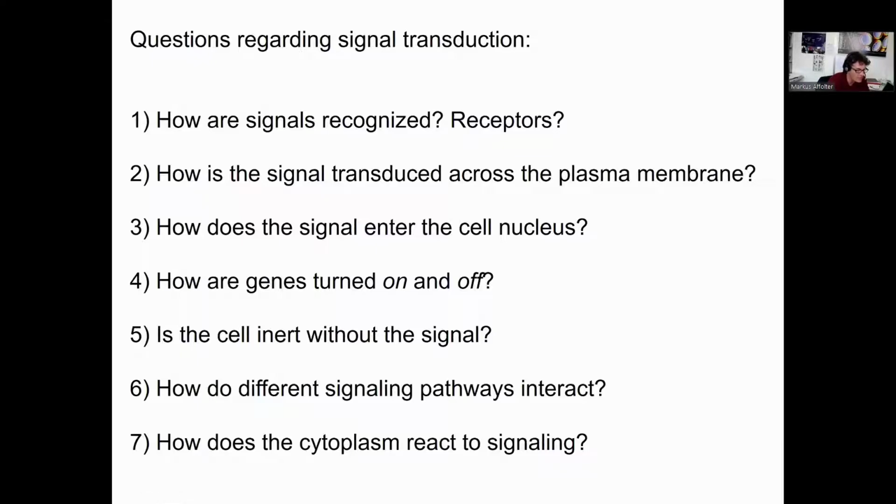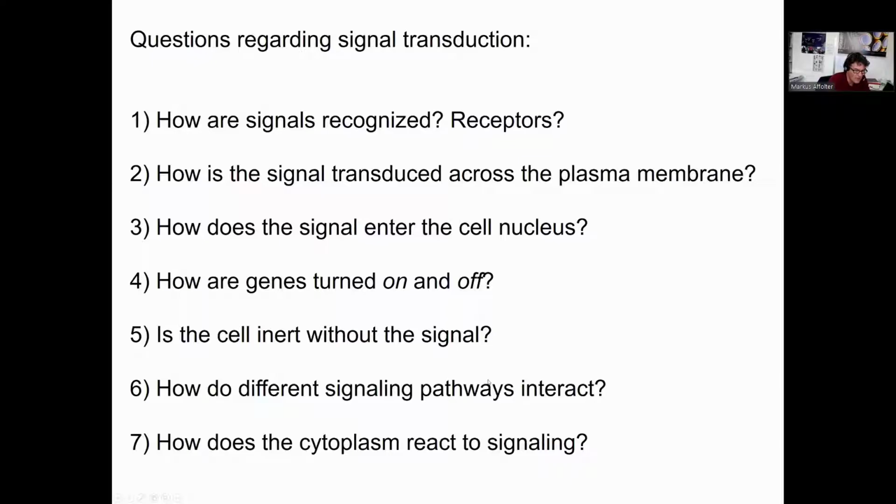That was not anticipated, because usually you think if nothing happens, nothing happens. But there is a lot of work to be done by the cells to remind themselves again and again that they have not seen a signal yet. We'll see how that goes as well. How is the cell preparing to see the signal, and how is the cell keeping its state that it has not seen a signal yet?